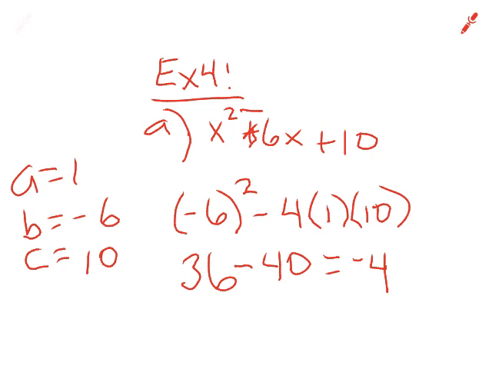On this page, look at your 3 bullet points, and you'll see that on the third bullet, our discriminant is less than 0. It's negative 4. Because the discriminant is negative, for example 4, part A, we have 2 complex or imaginary solutions.